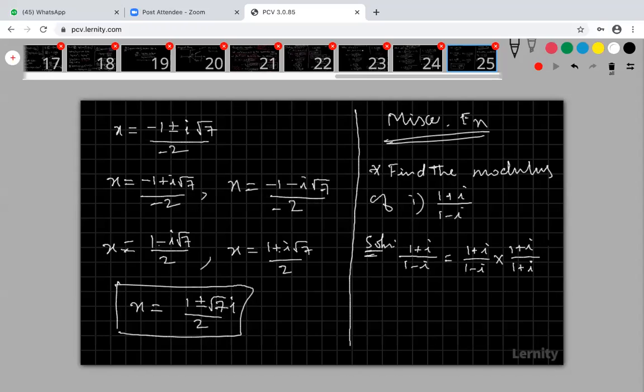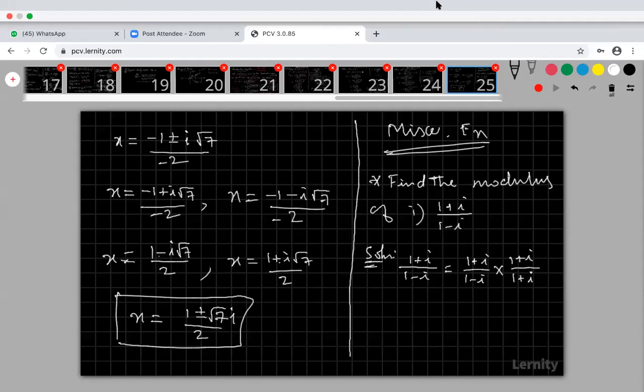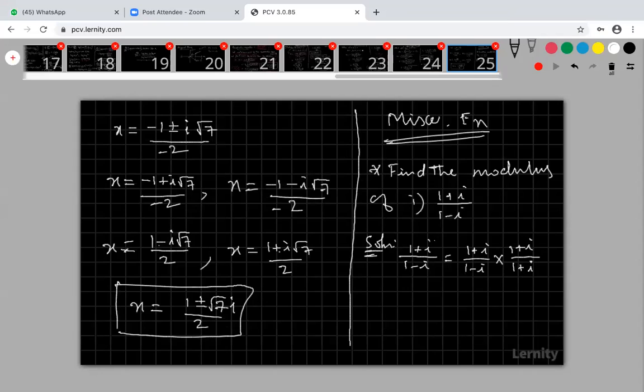To find the modulus, you multiply the numerator and denominator by the conjugate.